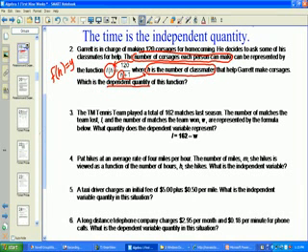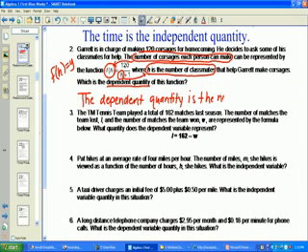H, number of classmates. So you say the dependent quantity is the number of classmates.